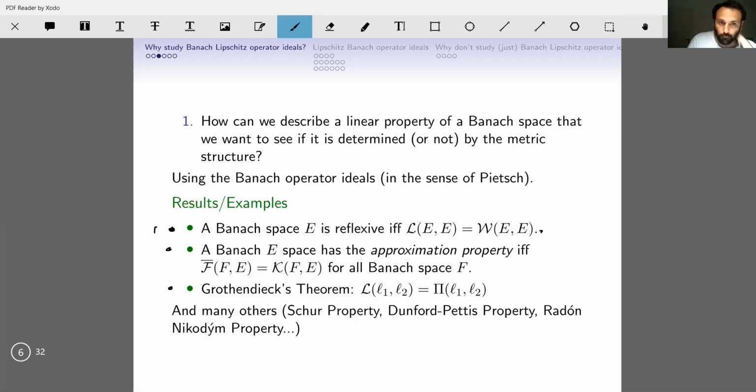Why did I choose these three? Well, the first example states that to say something about a linear property of a fixed Banach space E, we have to consider all linear operators from E to E. The second is, again, if you have to say something about the Banach space E, you have to consider not only the operators from E to E, but the operators from any Banach space to E. And the third says that there's a sort of linear connection or linear property between little l1 and little l2.